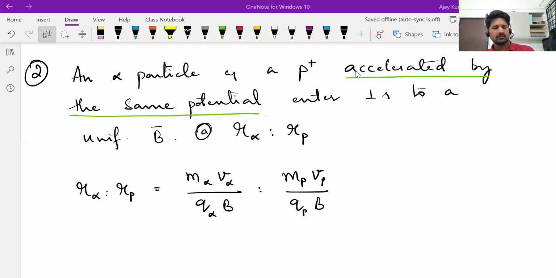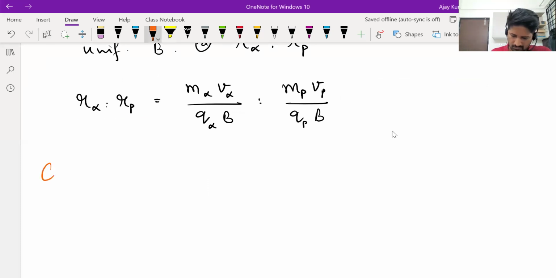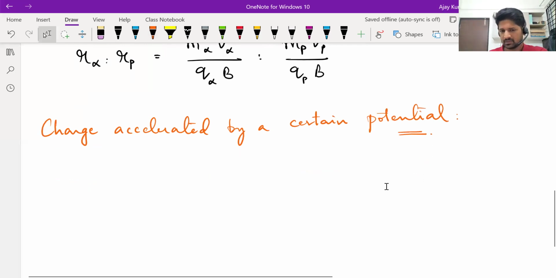Okay, fine. Can one of you define potential? Basic definition or formula of potential. Change in potential equals kinetic energy acquired.